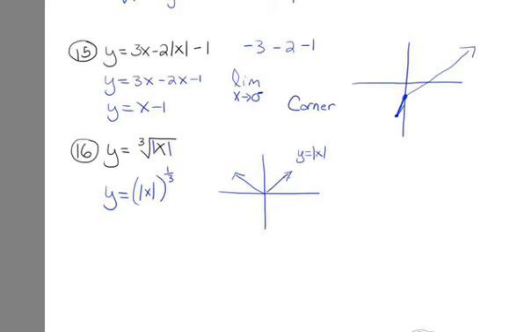So that would mean when I'm out here at like 8, that would actually be the point. Plug in 8, absolute value of 8 is 8, the 1/3 root of 8 is 2. So it drops it down. So what I think is going to happen is I'm actually going to get a graph that's going to turn more into a cusp.